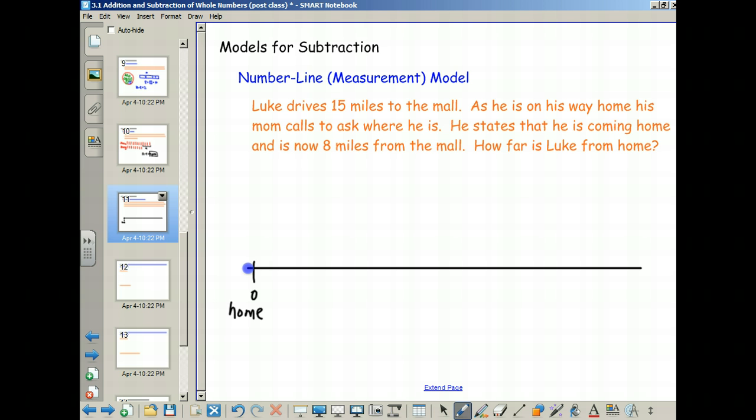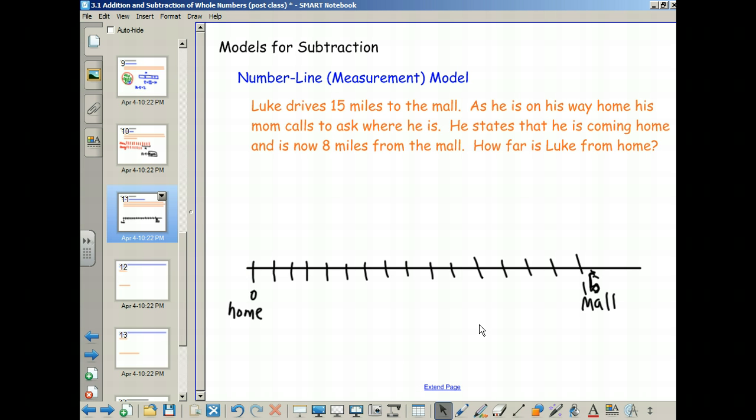And he ends at the mall at 15. Here's 15, and this is the mall. It's a terrible 5. Hang on. Okay, so we've got Luke, and he's gone to the mall, and there's a 15 I need to erase over here. Where'd that go?